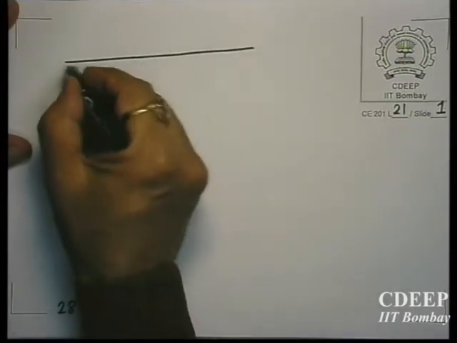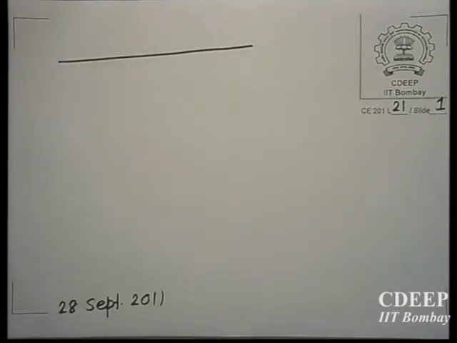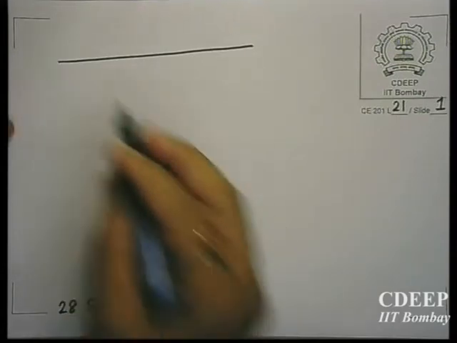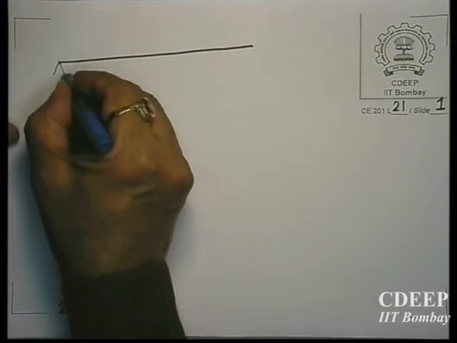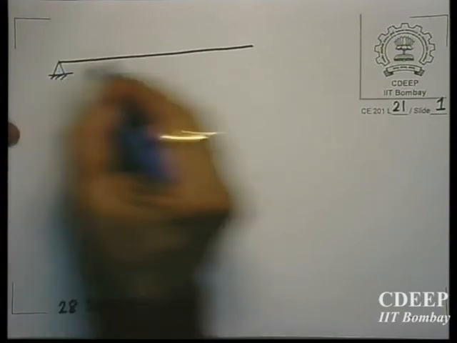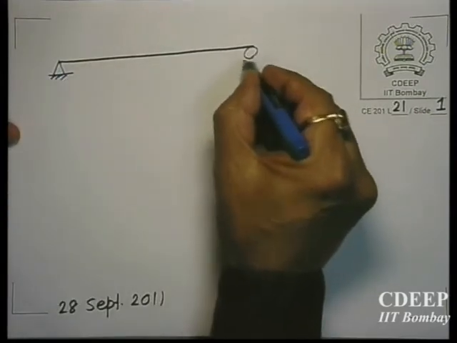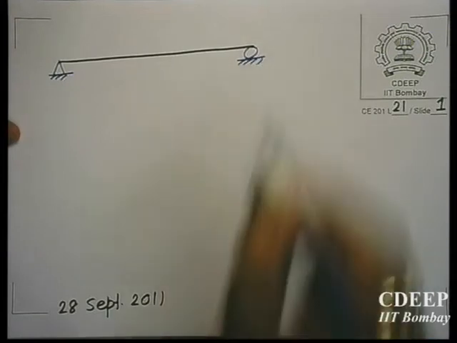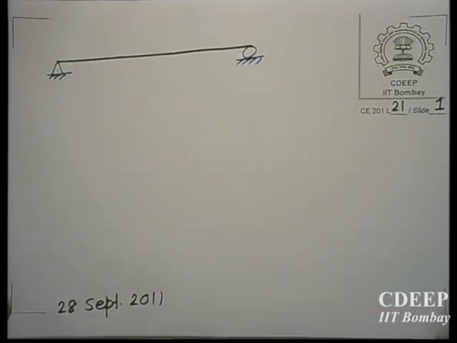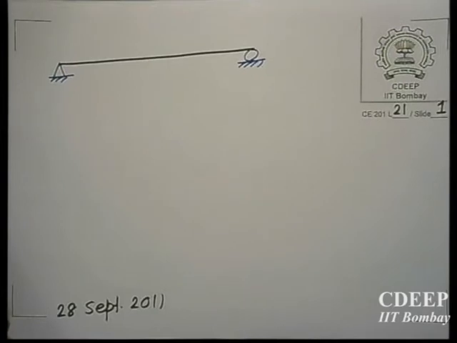We always take the example of a simply supported beam, because that is simpler to deal with. Simply supported beam means one end is hinge and the other end is a roller. This is the minimum number of supports that the beam requires in order to remain in stable equilibrium.